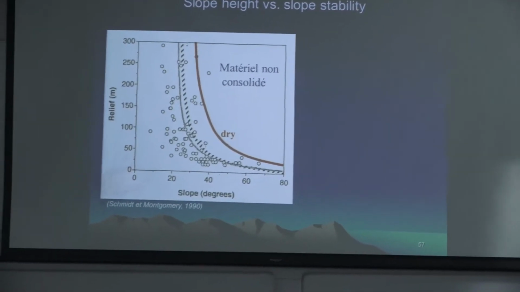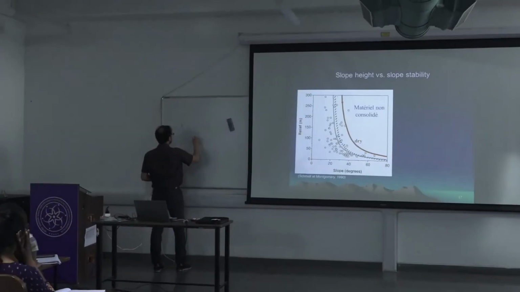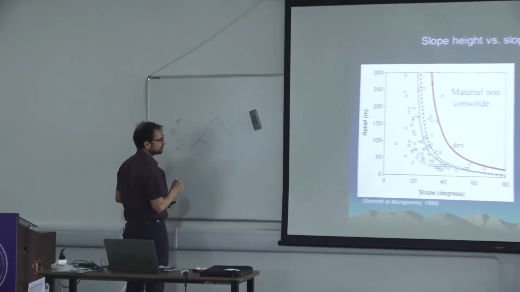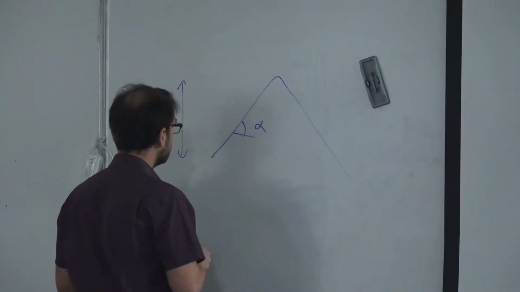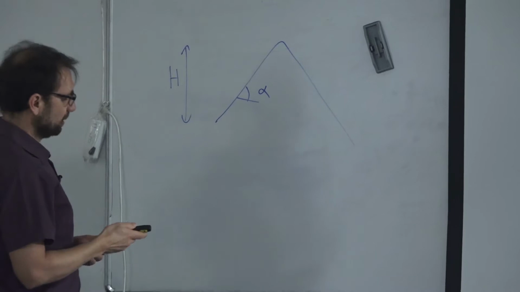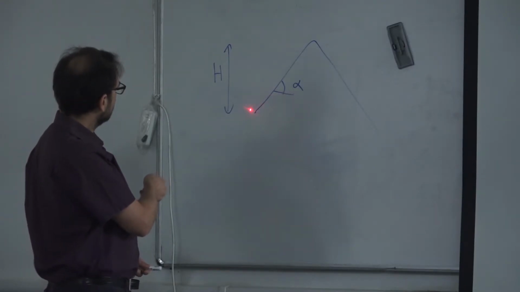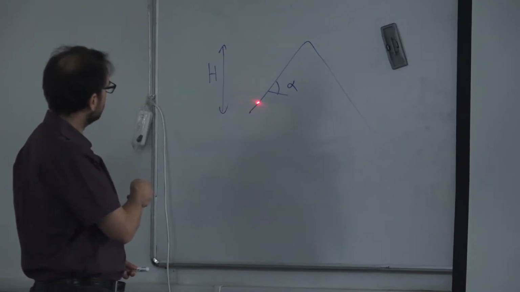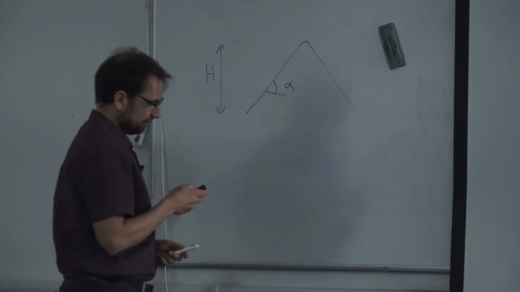So if I draw some hill slope, and I consider the elevation of the hill slope and the angle of your hill slope, then it can be shown that the higher the hill slope, the lower the angle.